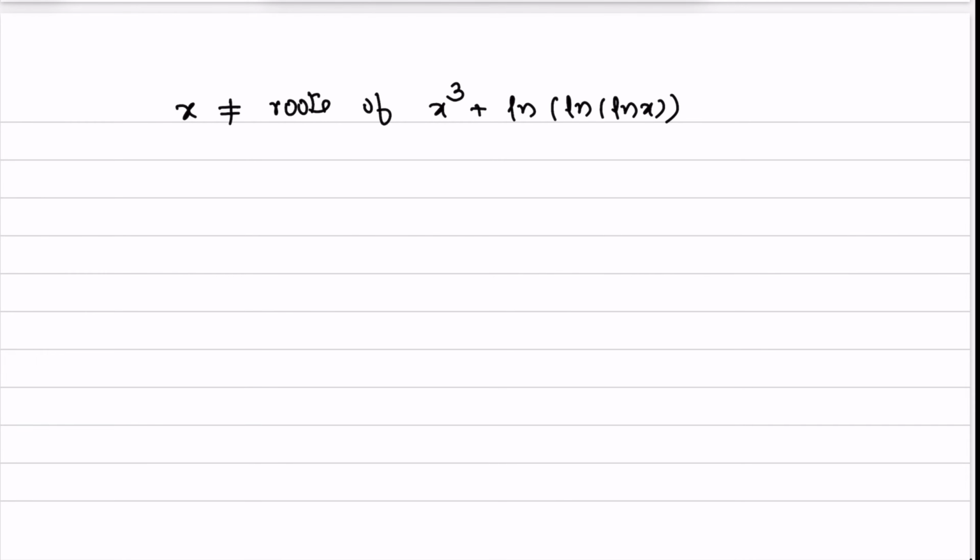From the numerator we got one condition. The second condition we got is that x is greater than e. Now, how do we find the roots of this equation? That is the question now.